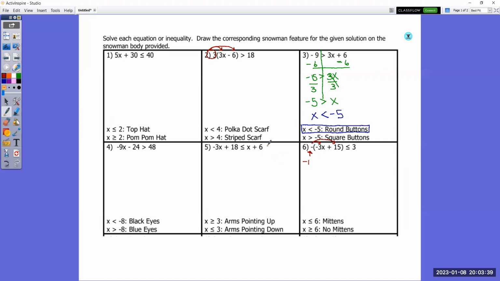And then the next one that I would like to do with you is number 5. So hopefully you copied 3, so you have 1 done. Let's do number 5 together, and then you'll have 2 done. So for number 5, we have -3x plus 18 is less than or equal to x plus 6.